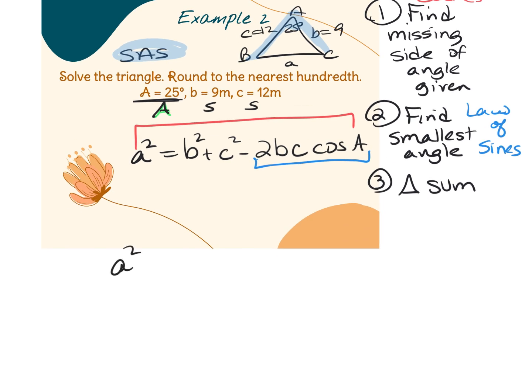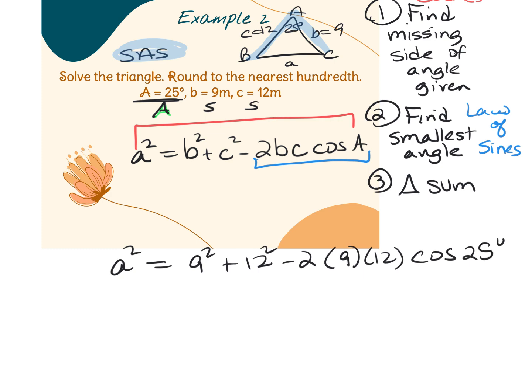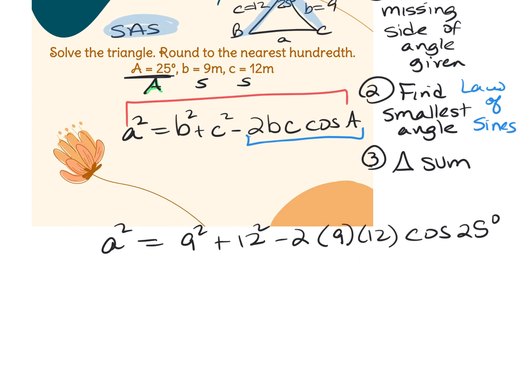So I have a squared, my b is 9, my c is 12, and then 2 times b times c times the cosine of 25. So again, you can try to enter this in your calculator straight through like this, see if you get the right answer. If not, you can do it step by step.